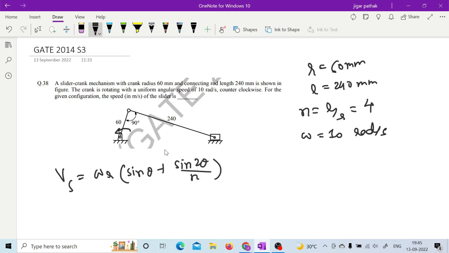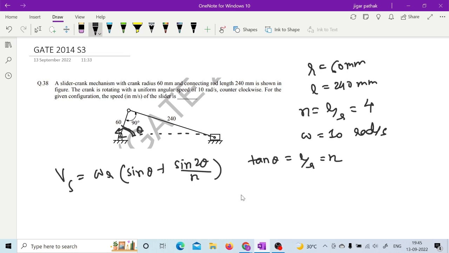Now if you consider this triangle and consider this as theta, then tan theta can be given by L by R, which is nothing but n.